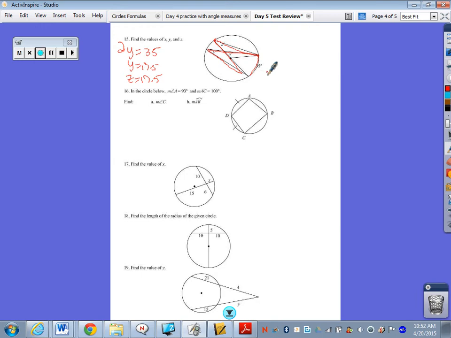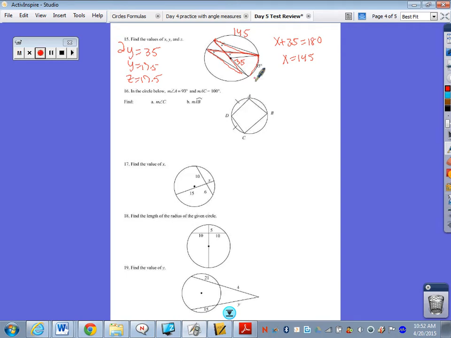And then for x, there's two different ways. You could find this angle, which is 35 because it's a central angle, and then x plus 35 are a linear pair, so they add up to 180. So x is 145. You could also find the arc, which is 145 because we have a semicircle because this is my diameter. And then x is equal to 145.